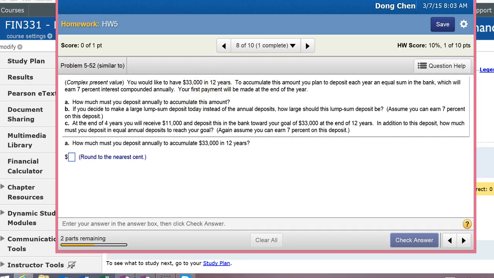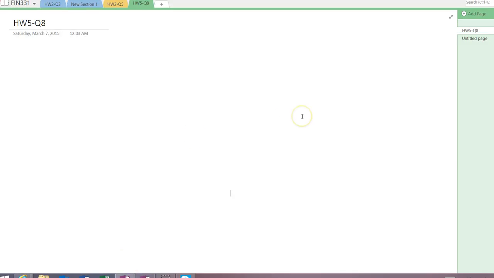So let me write this down in my OneNote to further show you what's going on here. For any time and money question, I would suggest you draw a chart. So let me draw a chart here so that we can better understand what's going on.